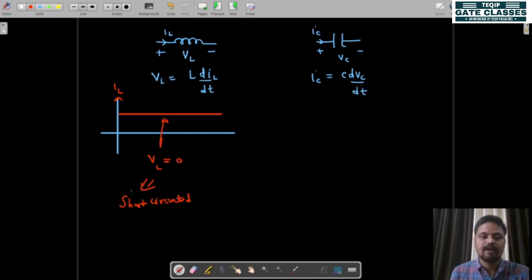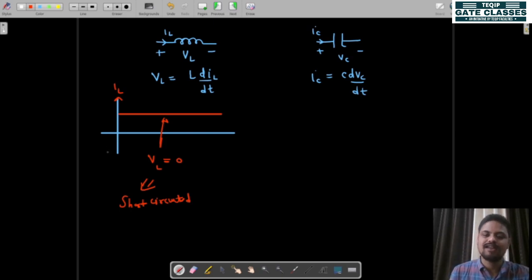But remember, when the current through the inductor is varying with time, then VL will be there, and it will oppose that supply. So the reaction comes in opposition to this rate of change of current.